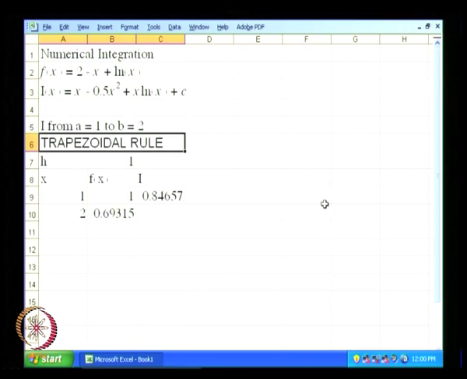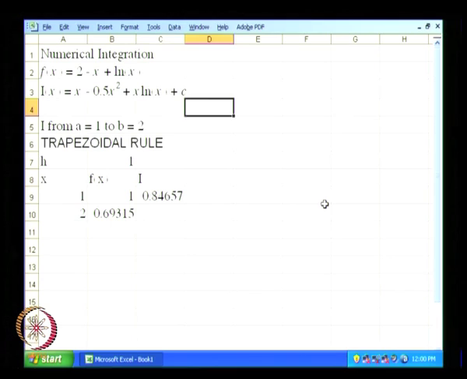The true value of the integral is going to be equal to x, so that is going to be b minus a, right.